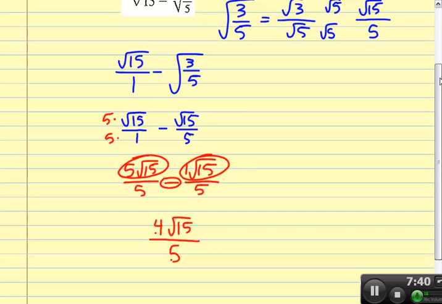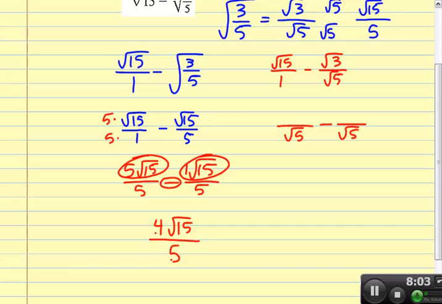Now, let's see. I've got a little extra time here. I just want to take a moment and see, what if I did this? All right? If I had root 15 over 1 and minus root 3 over root 5. What if I said the common denominator was root 5?